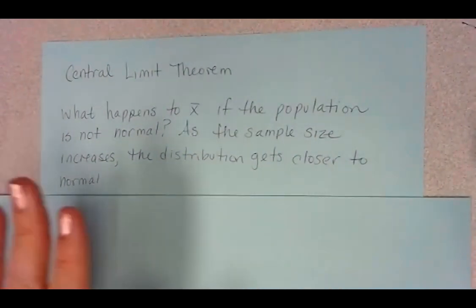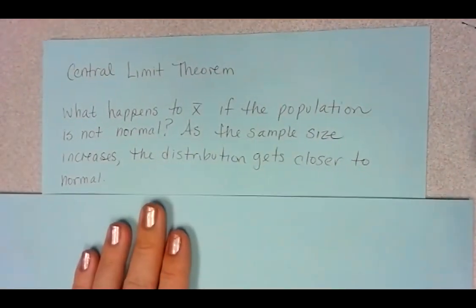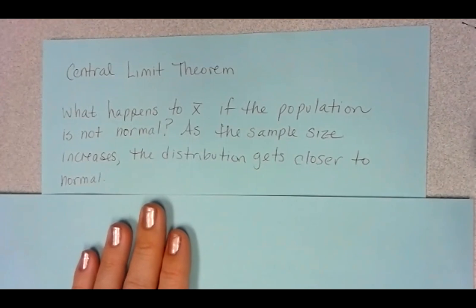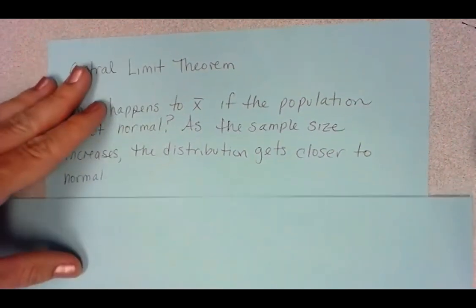So let me switch. And you can see that I'm going old school, paper and pencil here, to walk you through this. So the central limit theorem gets to the question of what happens to X bar if the population is not normal. Well, we know that as the sample size increases, the distribution is going to get closer to normal.